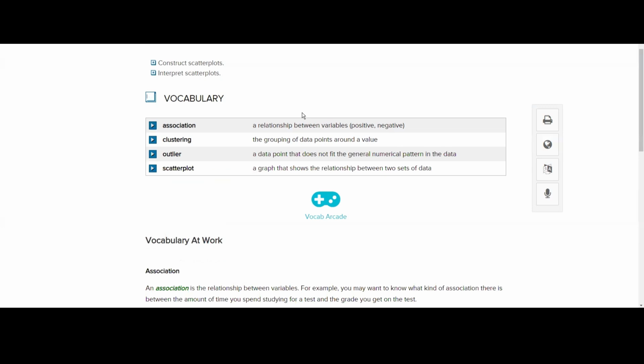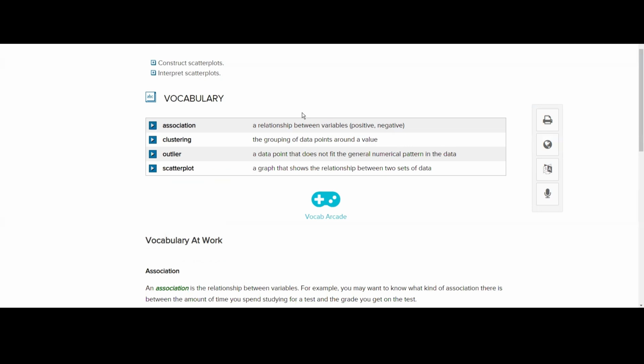Association. This is a relationship between variables, which are positive and negative. Clustering, the grouping of data points around a value. Outlier, it's a data point that does not fit in the general numerical pattern in the data. Then scatter plot.